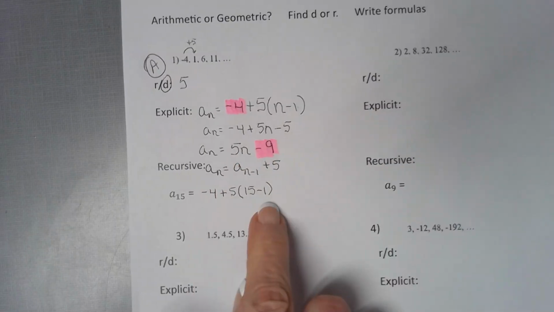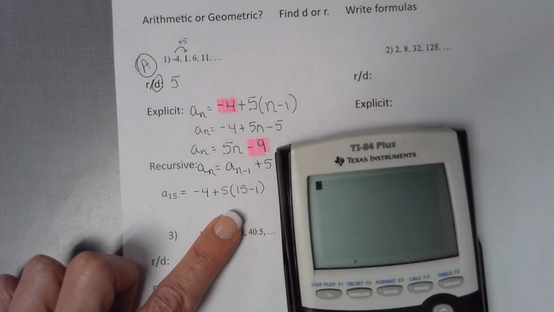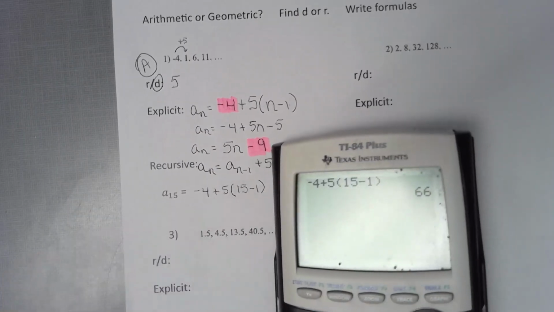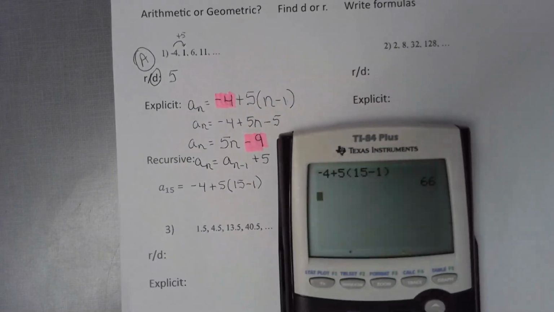Put that in your calculator and you will get the value of the 15th term. So we've got -4 plus 5 parenthesis 15 minus 1, and we find out the 15th term, the value, is 66.